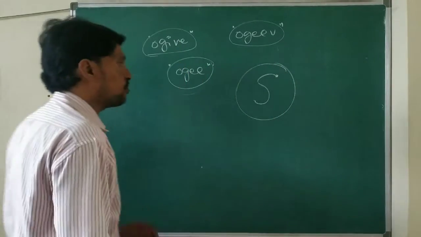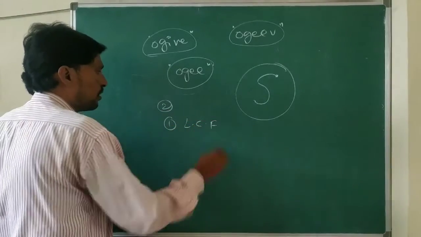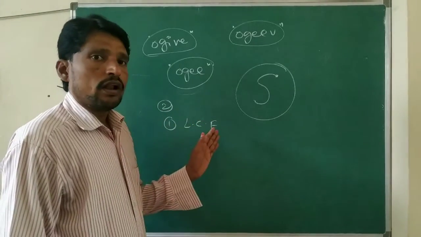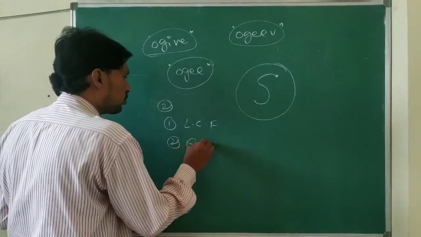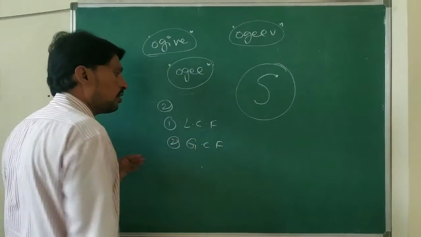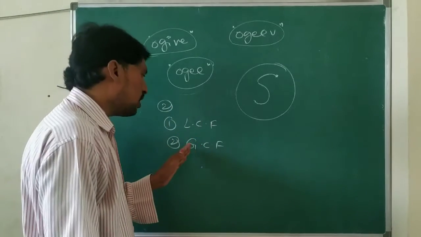So the ogive curve is of two types. First one is the less than cumulative frequency curve, or less than ogive curve. Second one is the greater than cumulative frequency curve, or more than cumulative frequency curve, or greater than ogive curve.